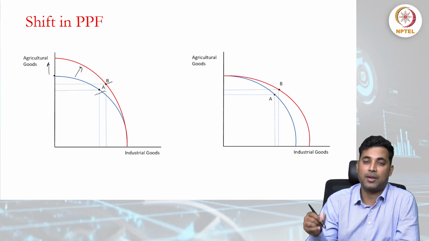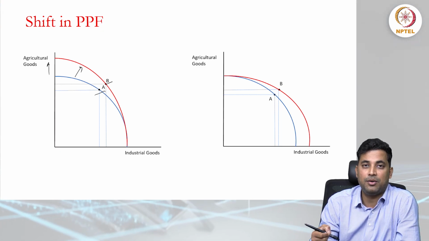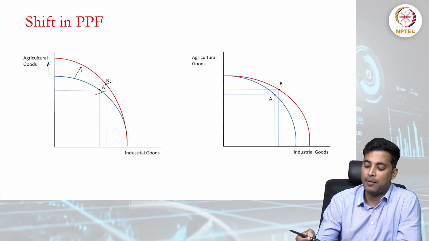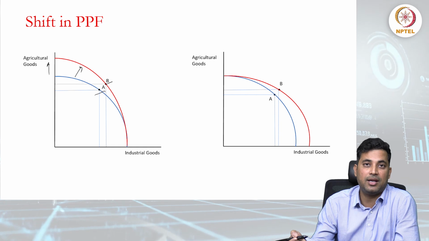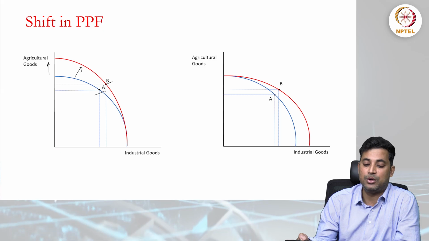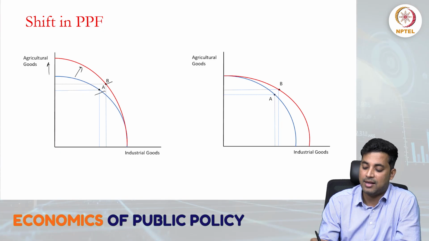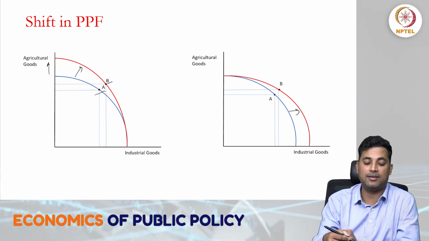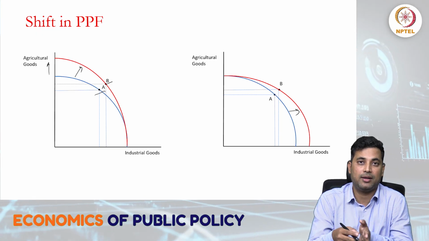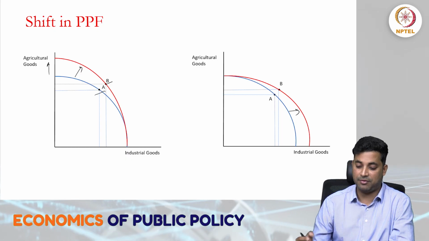Likewise, the other choice will be from A to B, where in agriculture we have reached the saturation level of the agricultural commodities, and therefore we can enhance our industrial resources and produce more and more industrial goods, keeping agricultural goods less, and then we move from A to B. So this is how the production possibility frontier can move from one point to another, or shift from one point to another across different time frames.